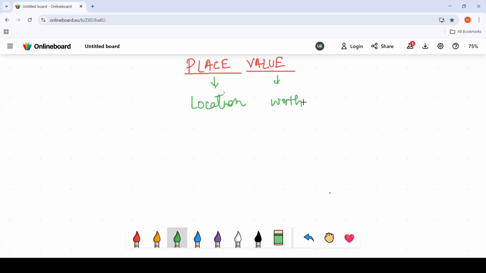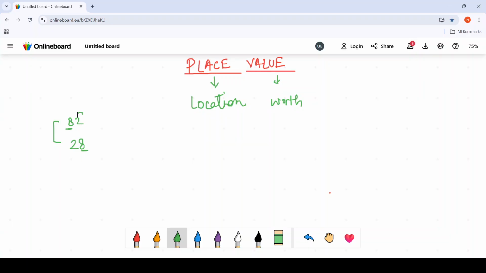All right, let's make it more clear what location actually means. Let's suppose you have the number 82 and the number 28. As you can see, these numbers have the same digits, 8 and 2, but the position of 8 is different in both the numbers.